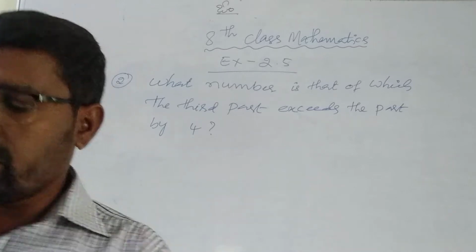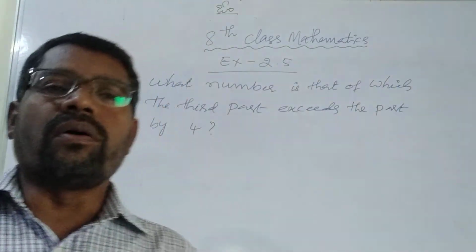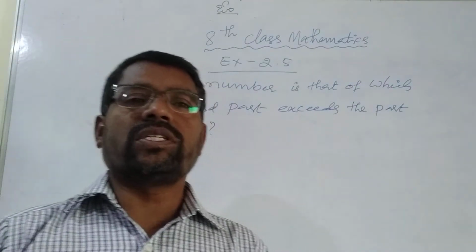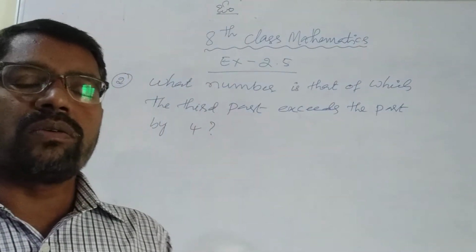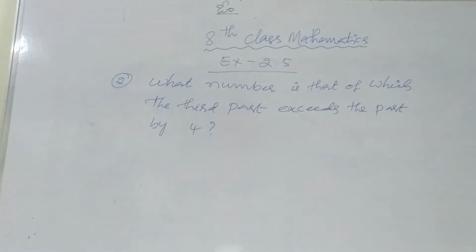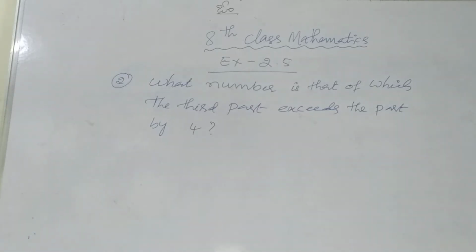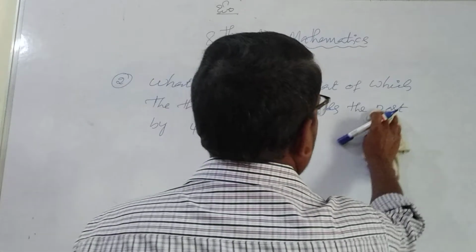Children, this is our question. Once you see what question is there in this, I want to read once, you look at. What number is that of which the third part exceeds the fifth part by 4?